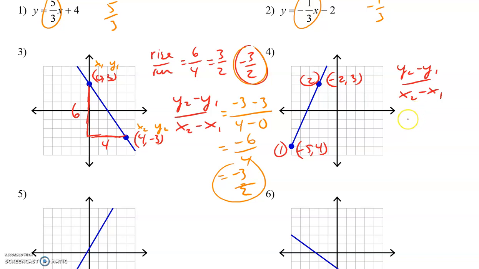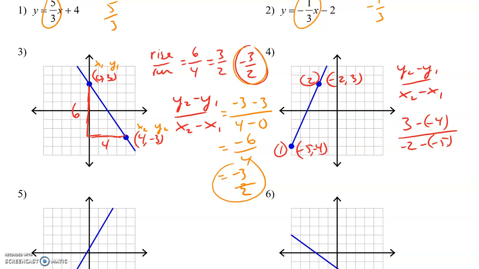So if I substitute this in here, my y2 is 3, my y1 is, oops, I said 4, should be negative 4, minus 4. And for my x coordinate, my second x coordinate is minus 2, and my first x-coordinate is minus 5. You have to be careful with negatives, not to lose them. So that's why brackets around the negatives is kind of handy.